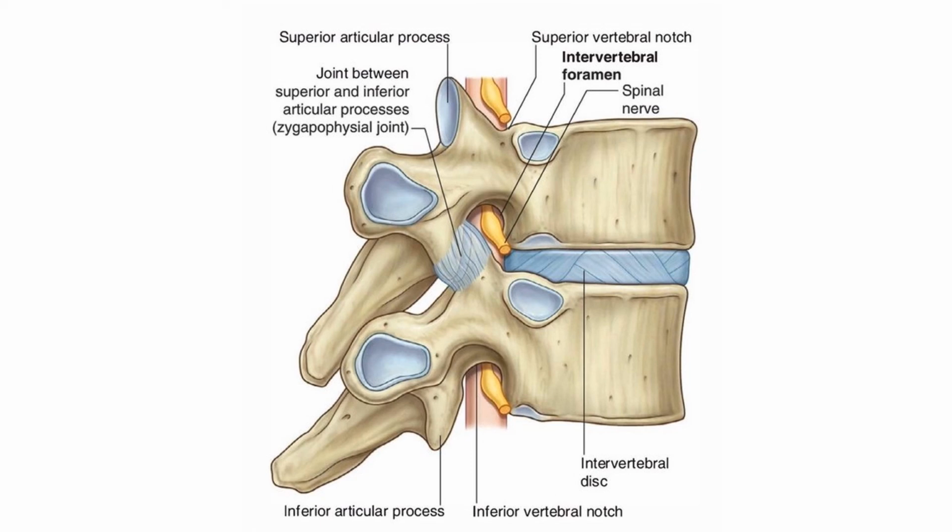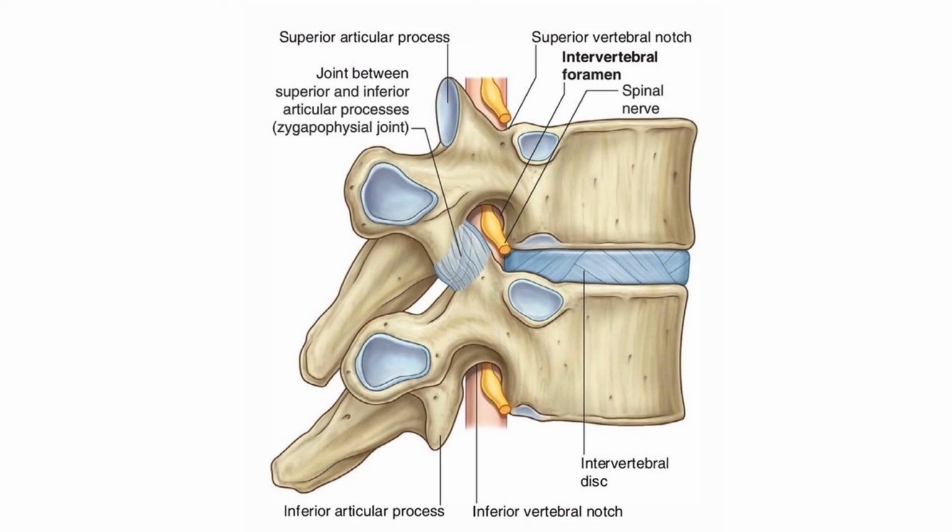Spinal nerves, the yellow colored structures, come from the intervertebral foramen. This intervertebral foramen is made of two parts: a notch in the pedicle of the vertebra above and another notch on the pedicle of the vertebra below, and they make a foramen, and spinal nerves come out through this foramen.